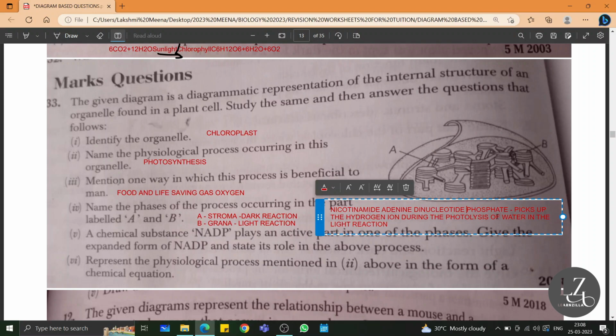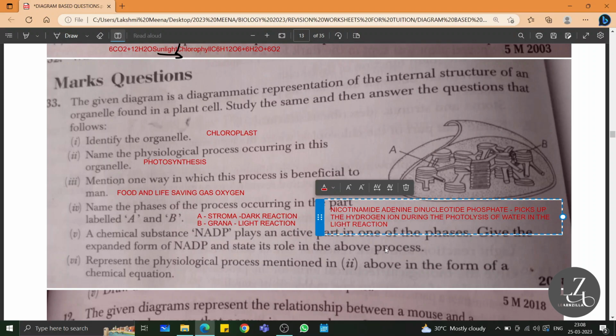So, breaking of water, splitting of water in the presence of light. Okay, the photons, when they are trapped by the chlorophyll, get activated and then it results in the photolysis of water. So, during photolysis of water in the light reaction, hydrogen ions that are split from the water are picked up by the NADP and then the reaction continues.